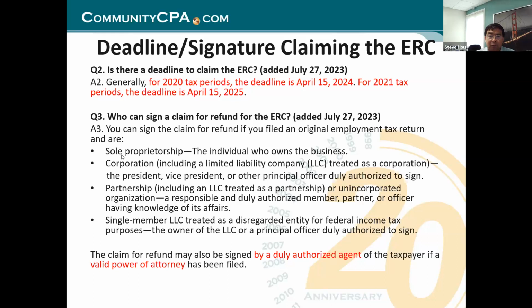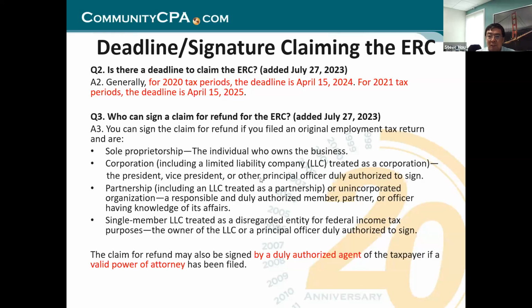If you're a sole proprietor business, then obviously it has to be the sole proprietor signing. You cannot have your son or someone else sign it on your behalf; you have to be the one signing it. If you're a corporation, it has to be the president, vice president, or other principal officers duly authorized.